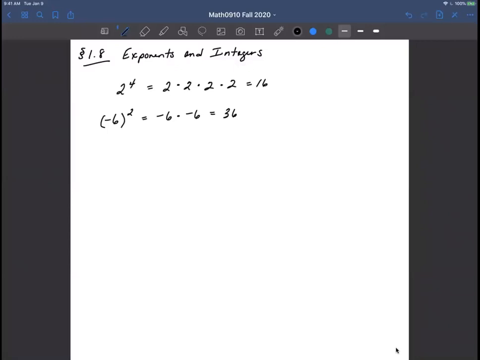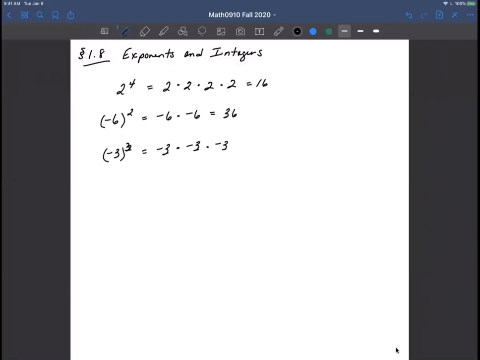The same idea applies to positives and negatives. So let's take another one. Let's take -3 to the 3rd. That's the same as saying -3 times -3 times -3.